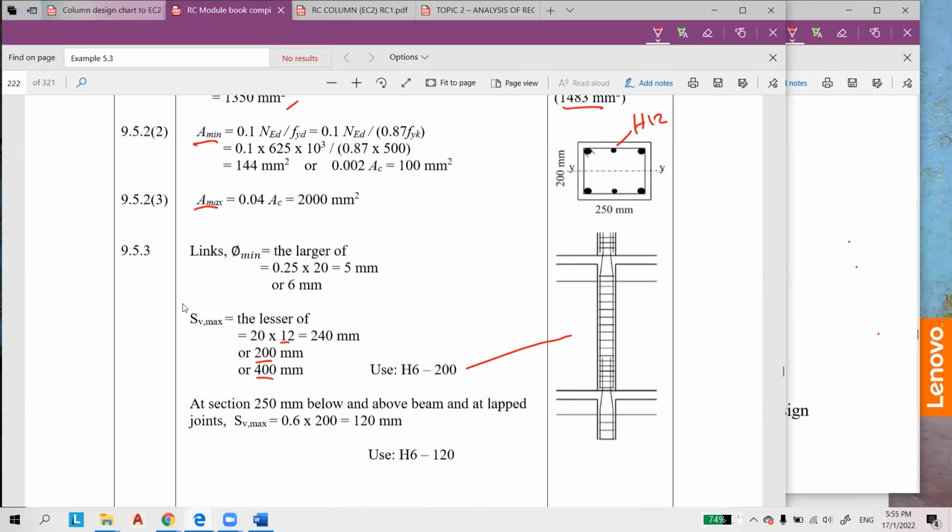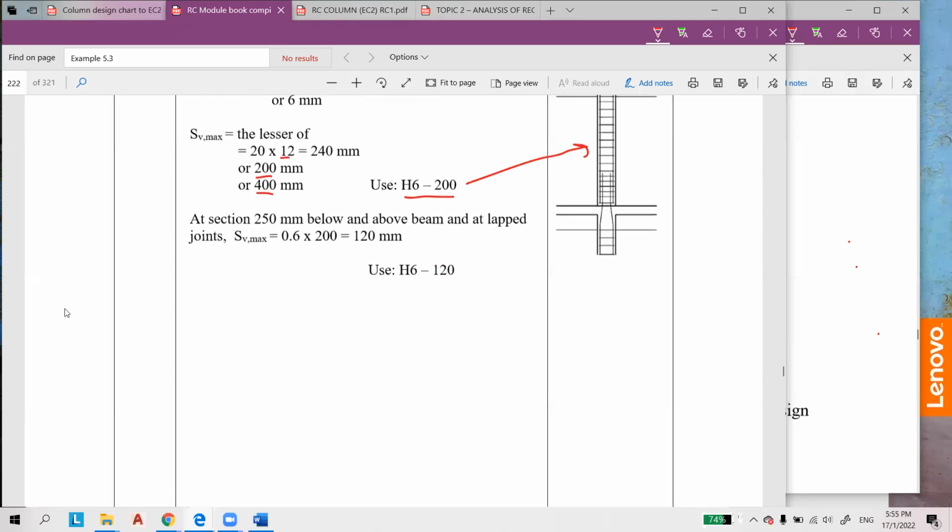So outside the critical region you can use H6 at 200, and at the critical region, 250 mm above the beam, and also at the lapping, where this is the starter bar, and then for the new story we install another bar and tie them together. We name this lapping.